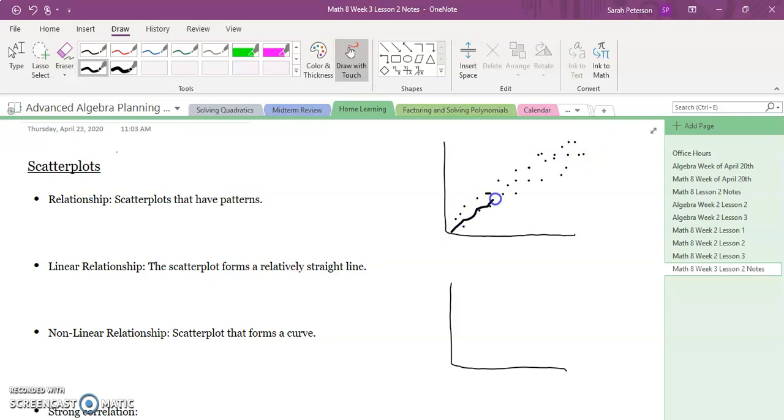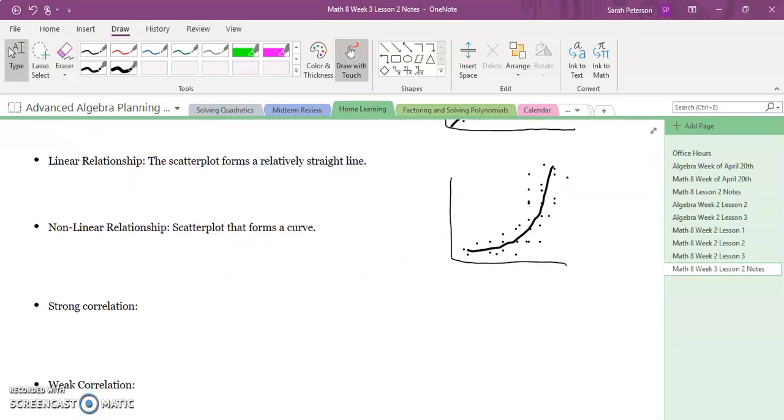And if you've learned about line of best fit, you can draw a line that models that. A nonlinear relationship would be if something looked like this. This one forms a curve, which is not linear, so it's not straight. So that would be a nonlinear relationship.